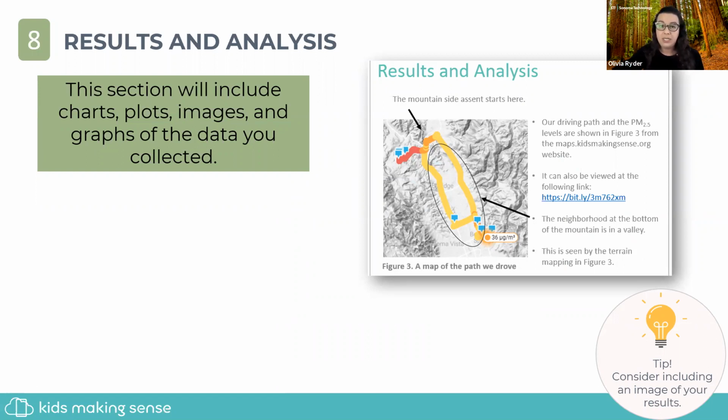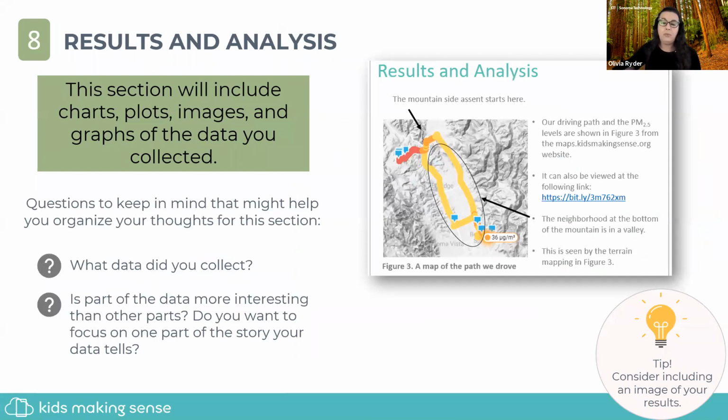So some questions that might help spur students' thinking and help them organize their thoughts for this section, especially if they did a long experiment or an experiment that had many parts to it, are, first of all, what data did you actually collect? Having them sit down and think through, okay, well, what did I actually collect can be really helpful. And then the second question is, is there a section or a part of the data that's more interesting than other parts?